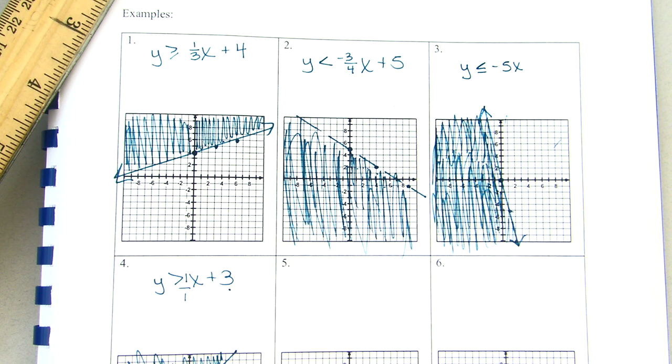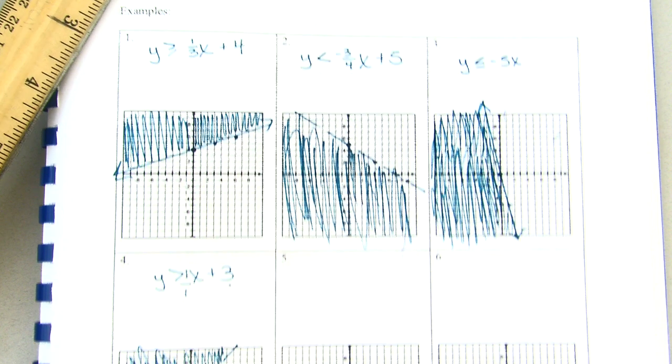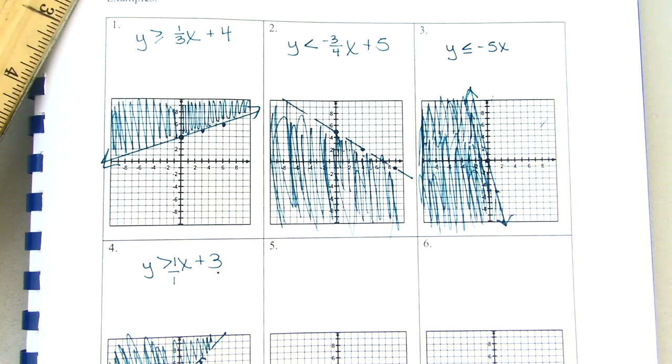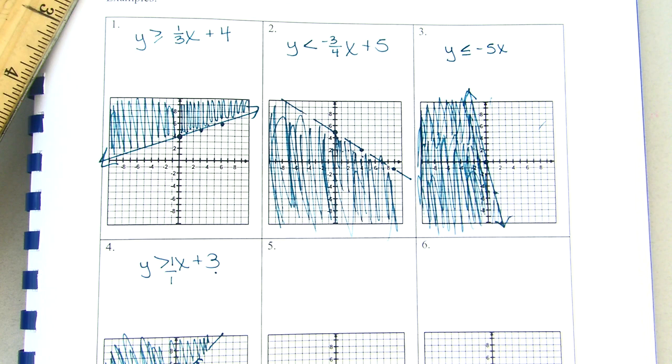Because it's a greater than problem, that's why I shaded above there. Greater than means more, so we're going to go above our line. That's done. Got to show you 2 more. We'll do some practice, and that'll be it.